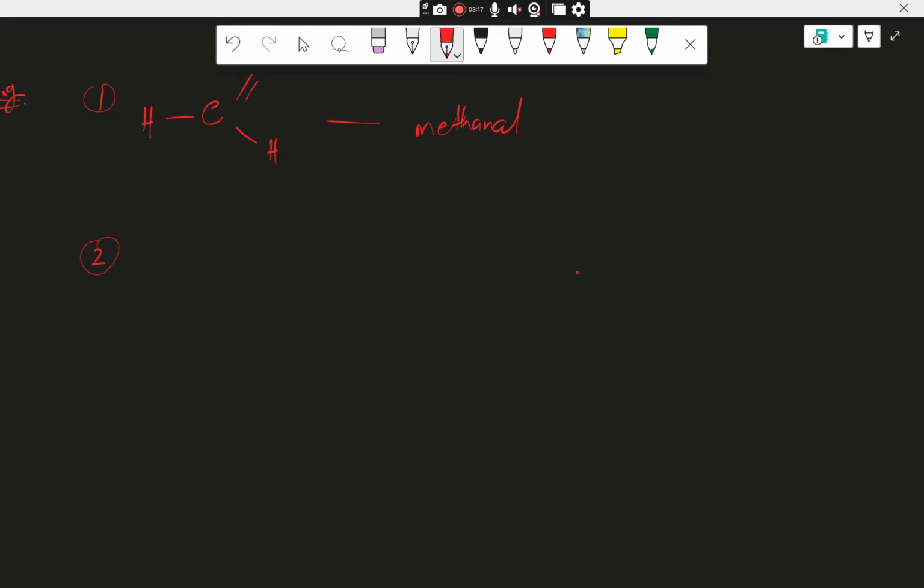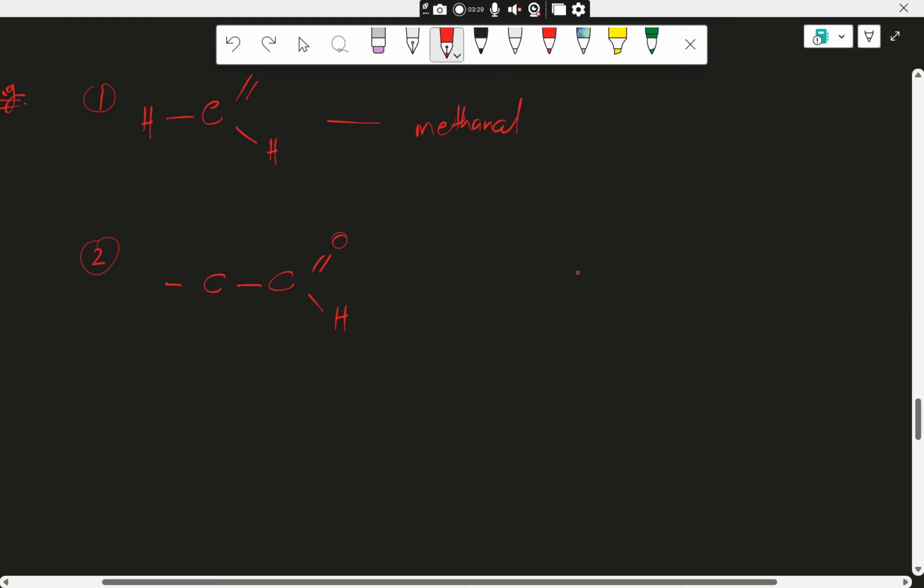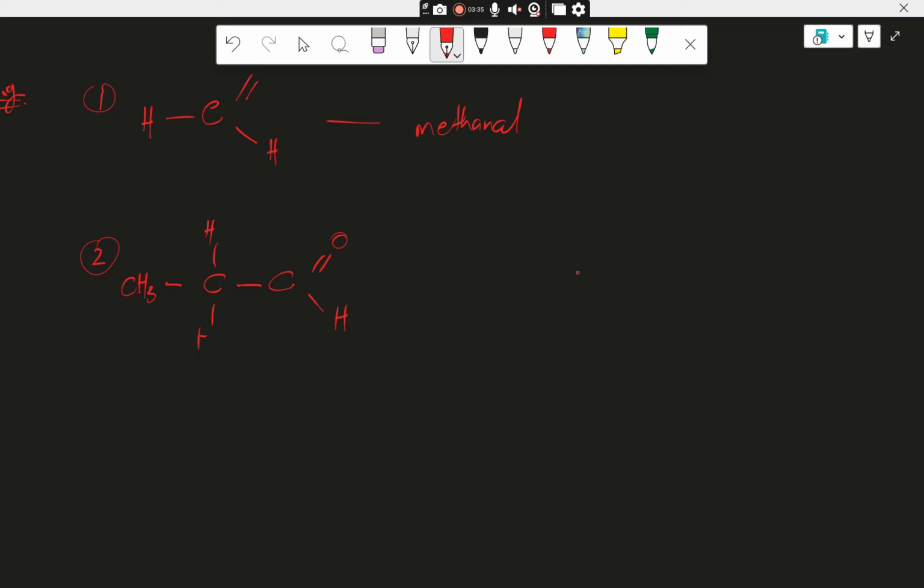And then we have this. The carbonyl group will always be at the end. Since we don't have much space here, let me just write it as a condensed structure. And then this one will be your propanal, right?